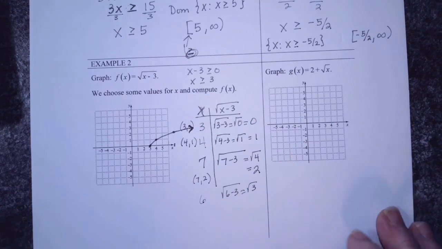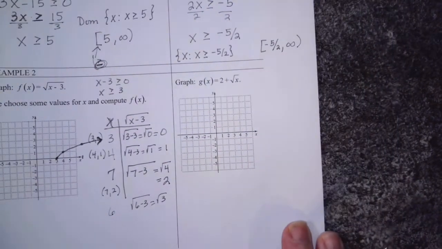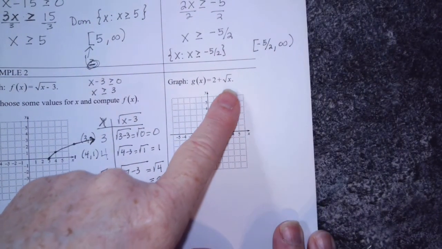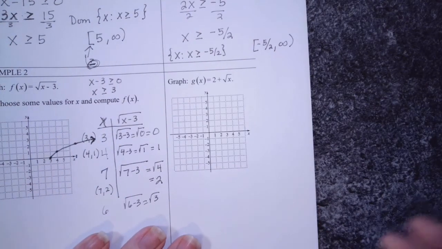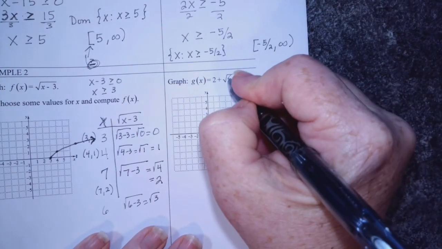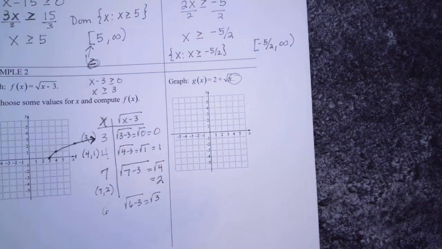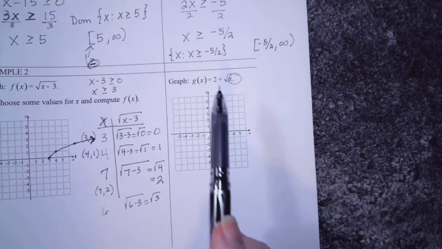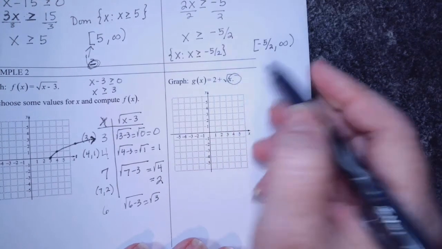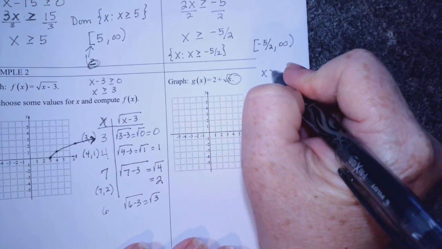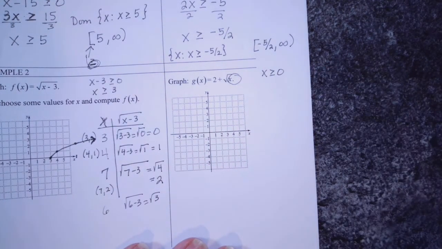All right. So what about this one? This one's a little bit different because now the 2 is outside the square root. So for the domain, remember, we only deal with what's inside the radical, unless we had a fraction out here or something like that. We want to make sure that what's underneath the radical is bigger than or equal to 0.